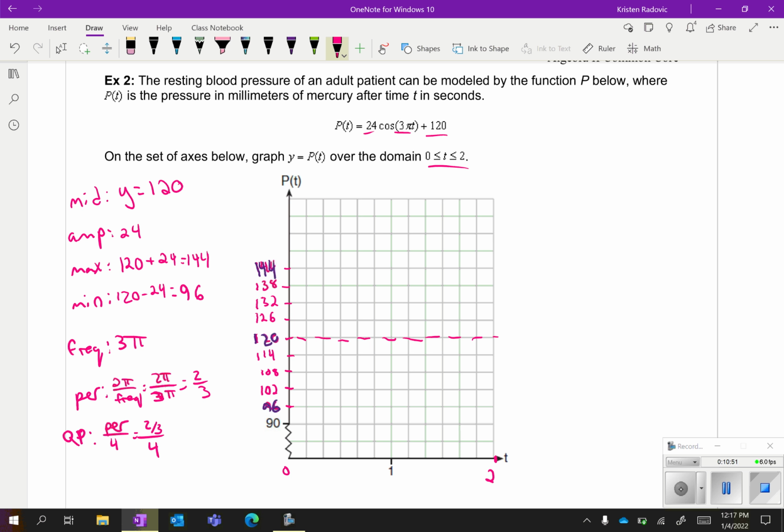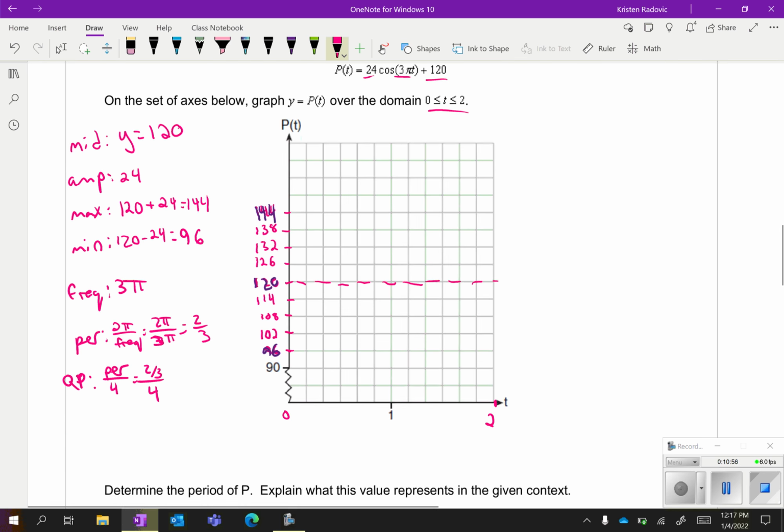Now, if you need to do that, you put it in the calculator, but you should be able to do it without one. 2/3 divided by 4 is really keep the first fraction, change to multiplication, flip the second fraction. Keep, change, flip.